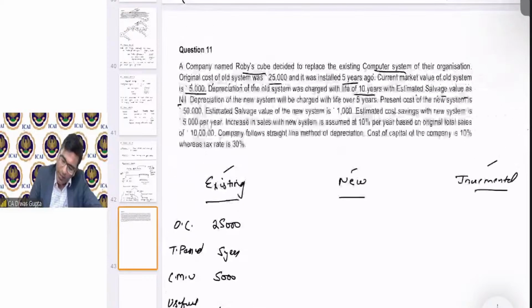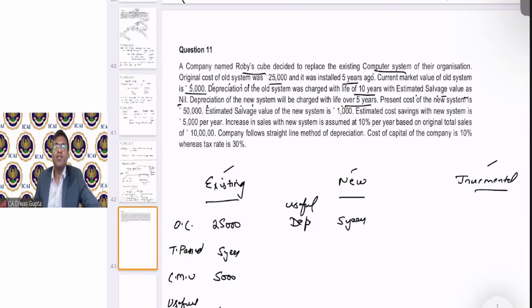Then depreciation of the new system will be charged with a life over 5 years. Now they're talking about the new system, depreciation, 5 years. That means useful life for depreciation is 5 years. Present cost of the new system is 50,000. So the cost they have given as 50,000. Simple.